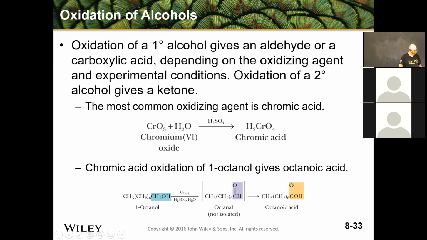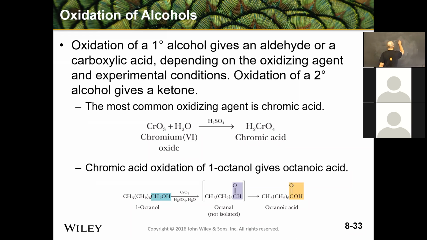Oxidation in organic chemistry involves an increase in oxygen content or a decrease in hydrogen content, or both. So let me write that down.